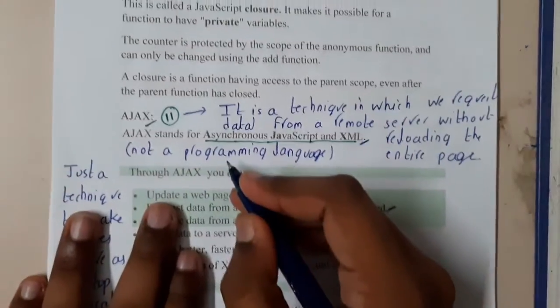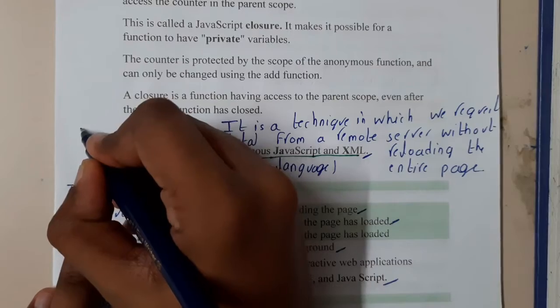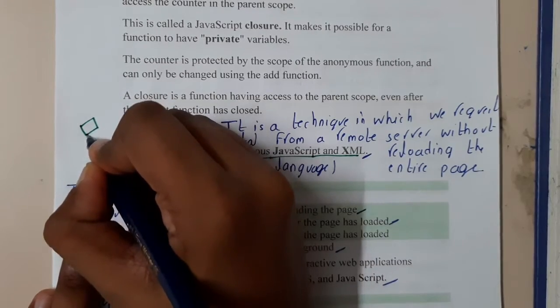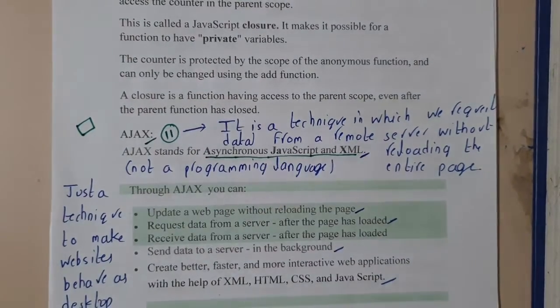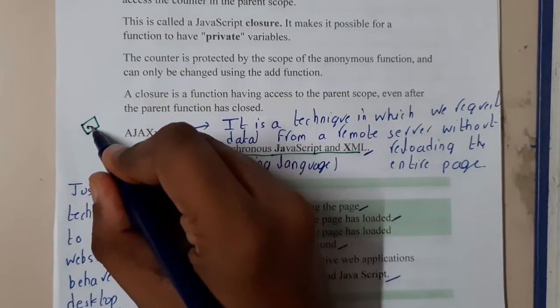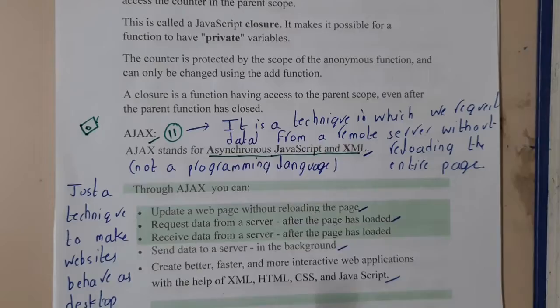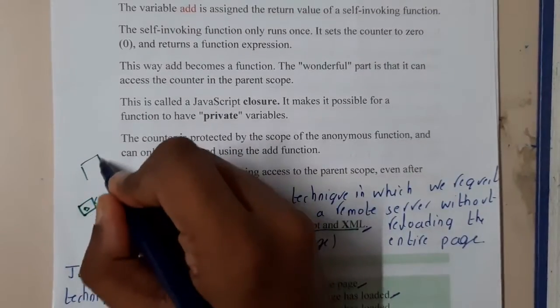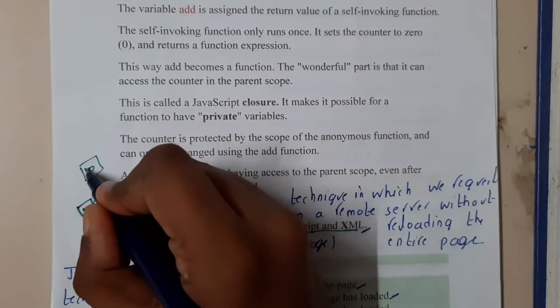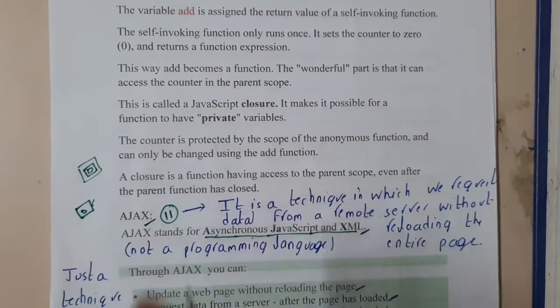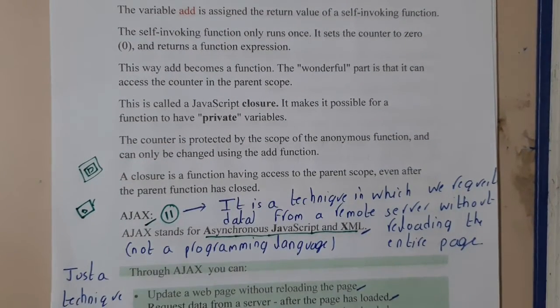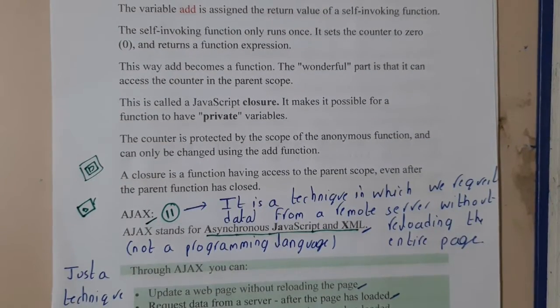The main use of AJAX is this. I'll be giving you some examples, guys. There is a website. When you click a button, it refreshes the whole page and a new page opens. This is one example. In the other example, if you click a button, only a particular part of the page reloads, but you are not able to notice the change. It's just like a click and it changes, so fast.